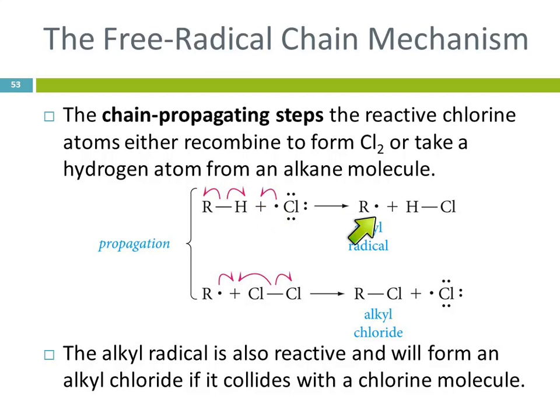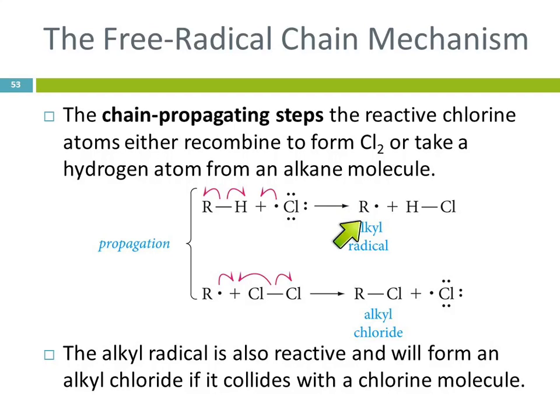And basically it steals the hydrogen away from the alkane. So now R and H are splitting up, and they're each taking 1 electron from their shared covalent bond. So hydrogen takes his electron, and chlorine shares with him, and they make a bond.